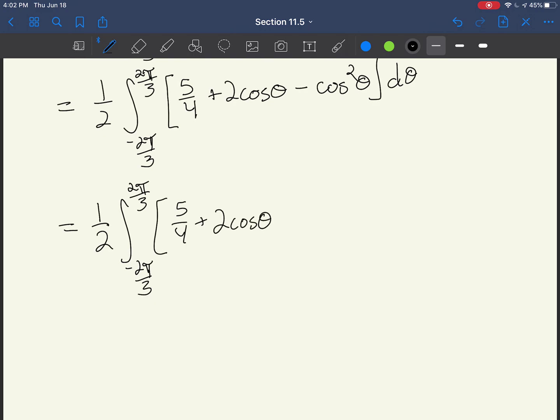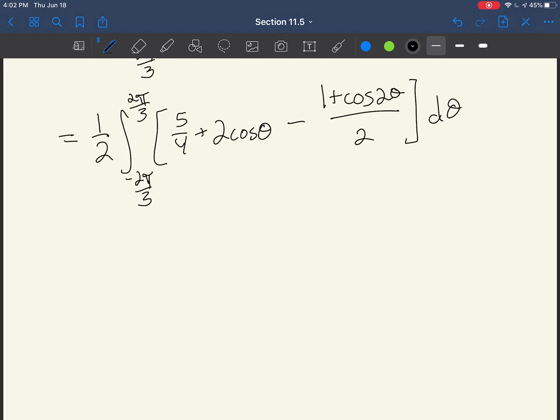So that's 1/2 integral from negative 2 pi over 3 to 2 pi over 3 of 5/4 plus 2 cosine theta minus 1 plus cosine 2 theta over 2.